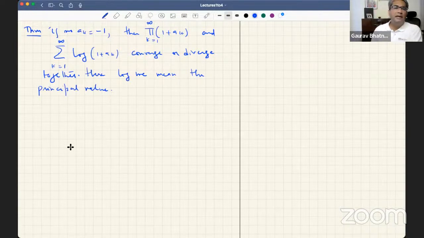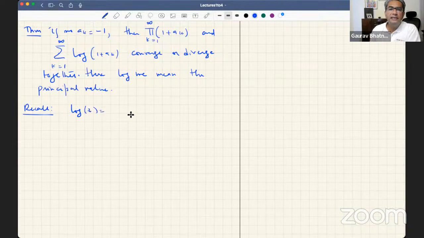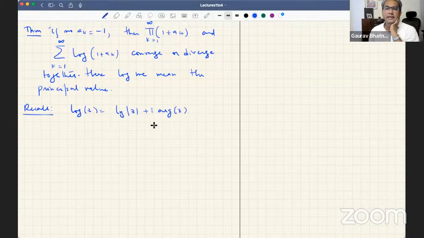Let me just remind you that we define log z as log of absolute value of z, so this is a real number, plus i times argument of z. In principle, argument of z can be anything, but if we stick to argument z bigger than minus pi and less than or equal to pi, then we call it the principal value.